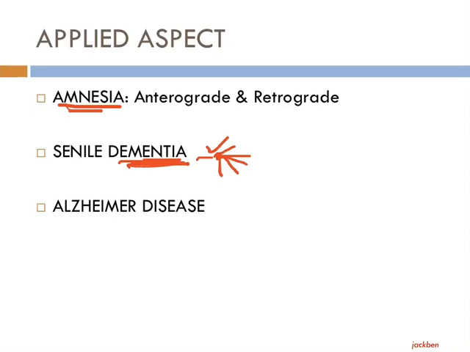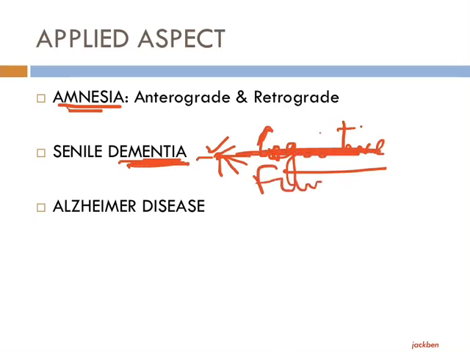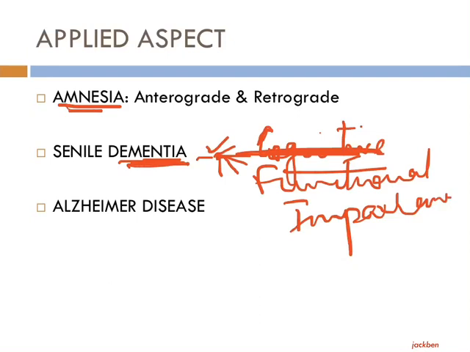Like in the case of progressive impairment in cognitive properties, like to keep care of himself and all other things, the exact word is the functional impairment because of loss of the memory. That is the dementia.